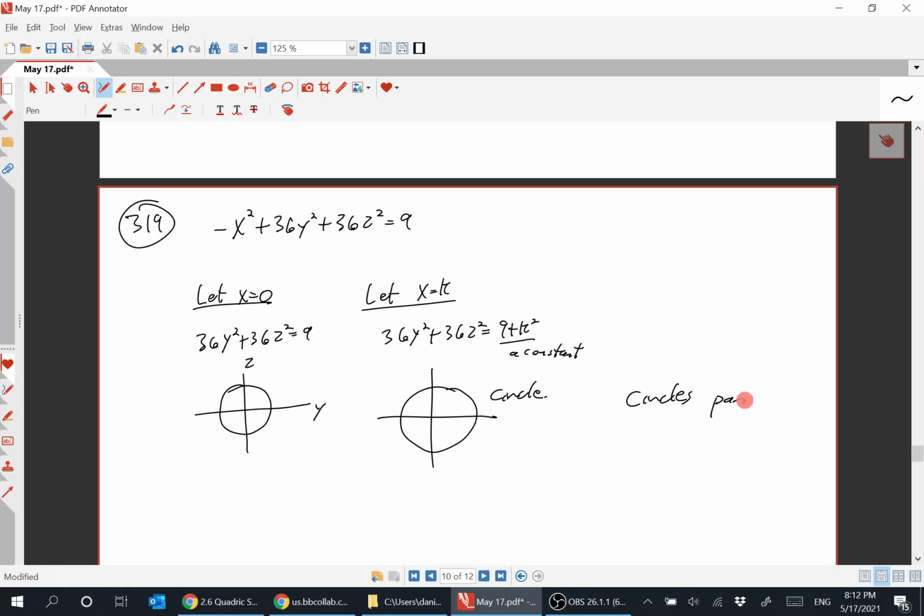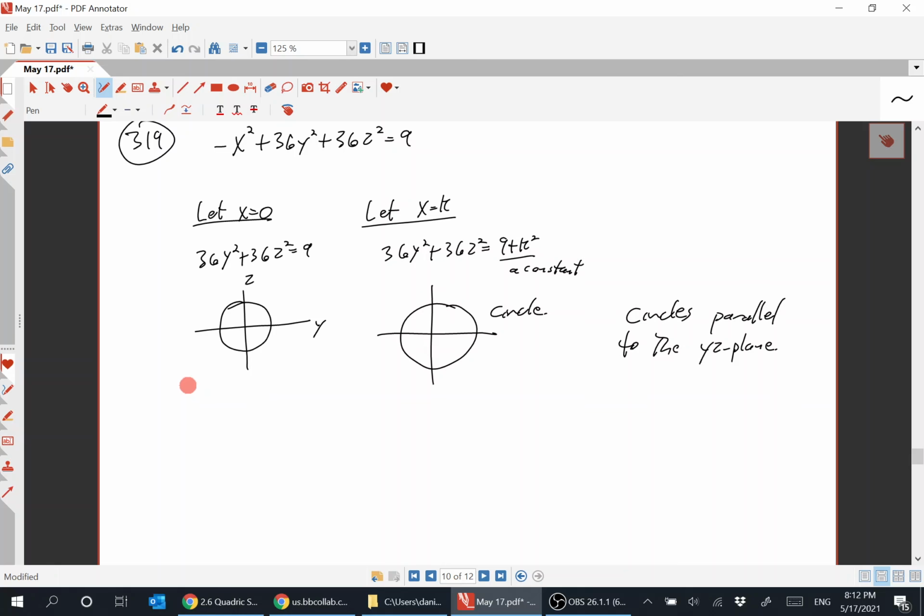So circles parallel to the YZ plane, or perpendicular to the x-axis. So now, in order to draw it, all I need to know is what does the silhouette of those circles look like. For the silhouette of those circles, you'll zero out some other coordinate. You'll zero out the y and zero out the z.